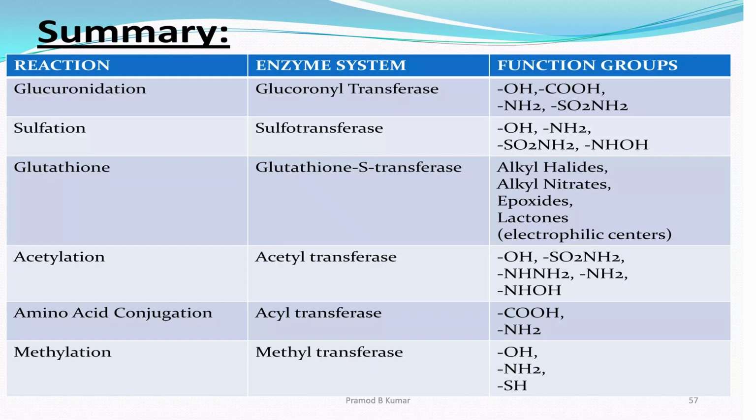Like in the case of glucuronidation, glucuronide transferase, OH, carboxylic acid, NH2 and sulfonamides are used. Whereas sulfonation, sulfotransferase, OH, NH2, sulfonamides, NH, that is oximes, and hydroxylamine are there. Glutathione S-transferase, alkyl halides, alkyl nitrates, epoxides and lactones, which are electrophilic centers, means electron loving centers, means they are positively charged, are involved.